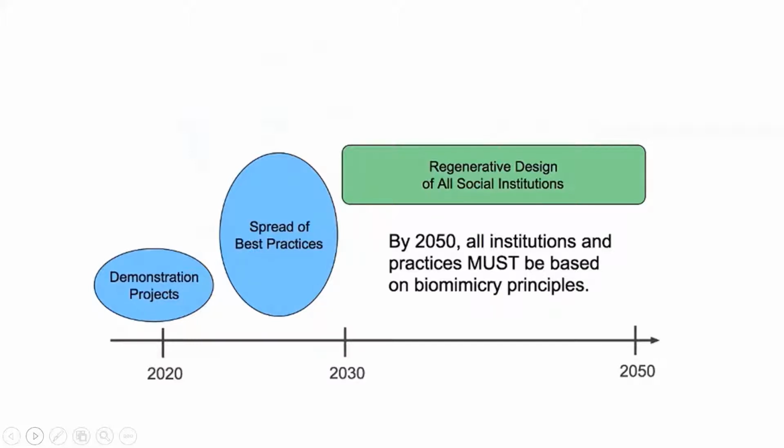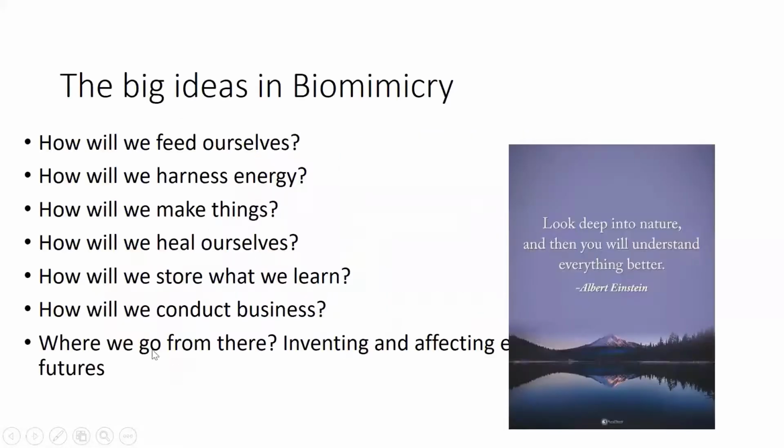And that's why I like to include biomimicry for you in everything that we try to design, because you have to get used to the concept of biomimicry. We will get to that at the end of this video, but I will just briefly talk about the big ideas in biomimicry.